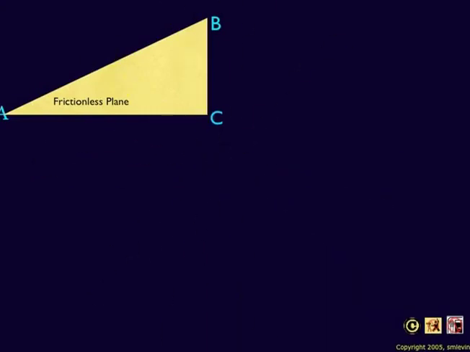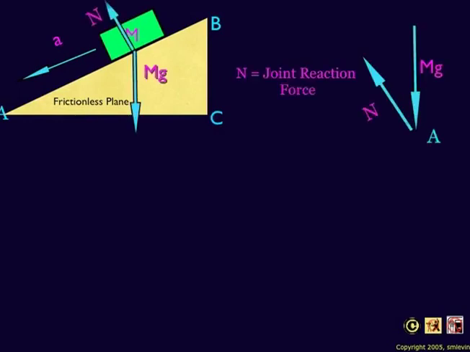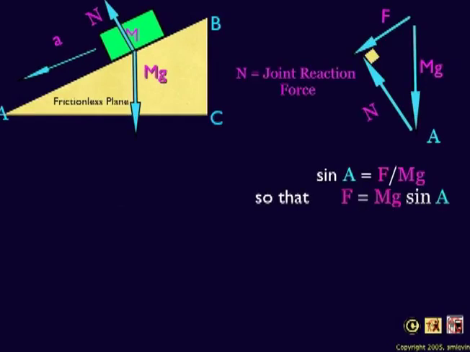Here are the forces acting on a mass on a frictionless inclined plane. Small a is acceleration and small g is the force of gravity.